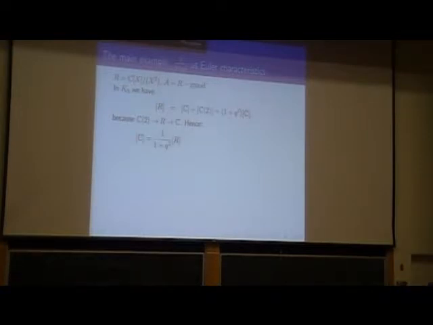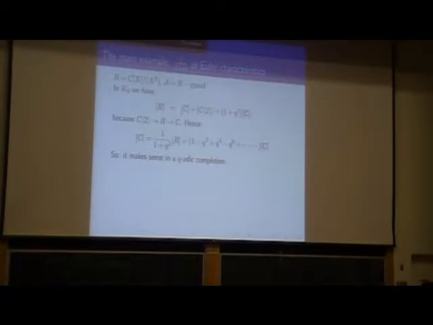Of course, clearly you can now invert this and say C is 1 divided by (1 plus q squared) times R. The only problem is that this doesn't make sense in the Grothendieck group because C is giving you a basis over Z[q, q inverse] and R not. It's not something reasonable.